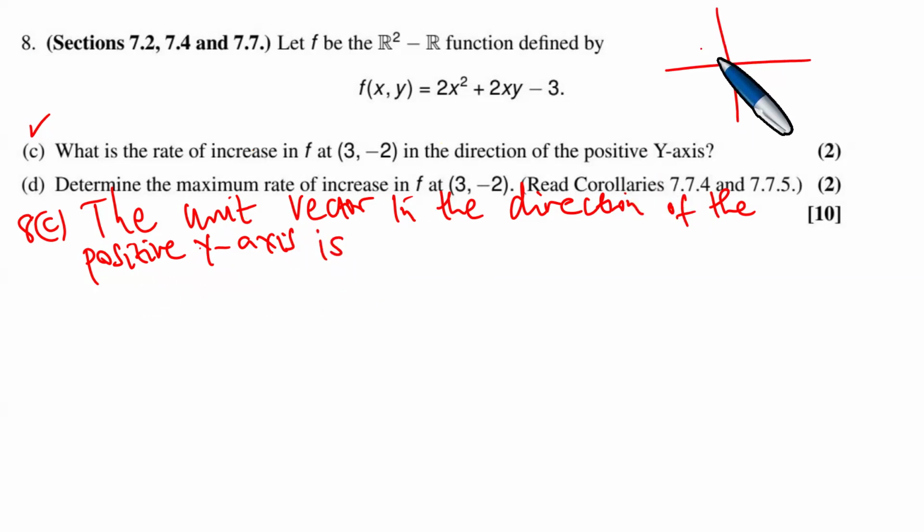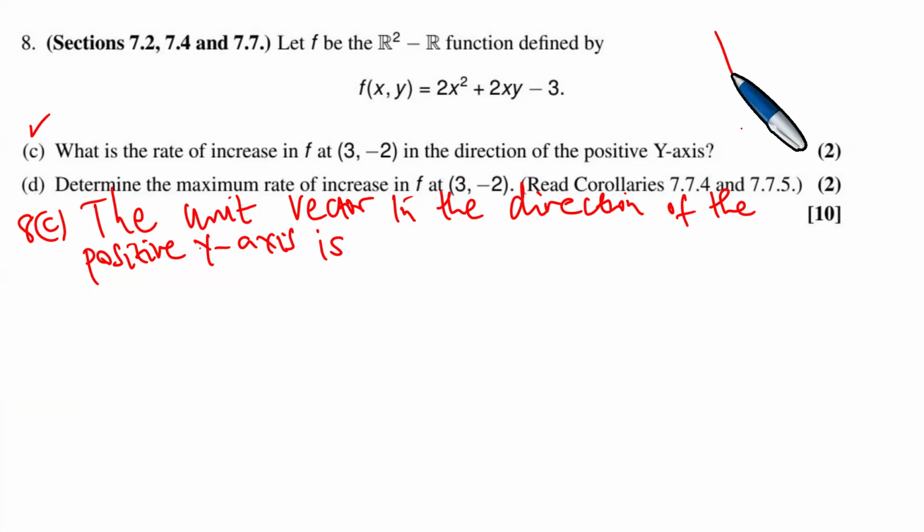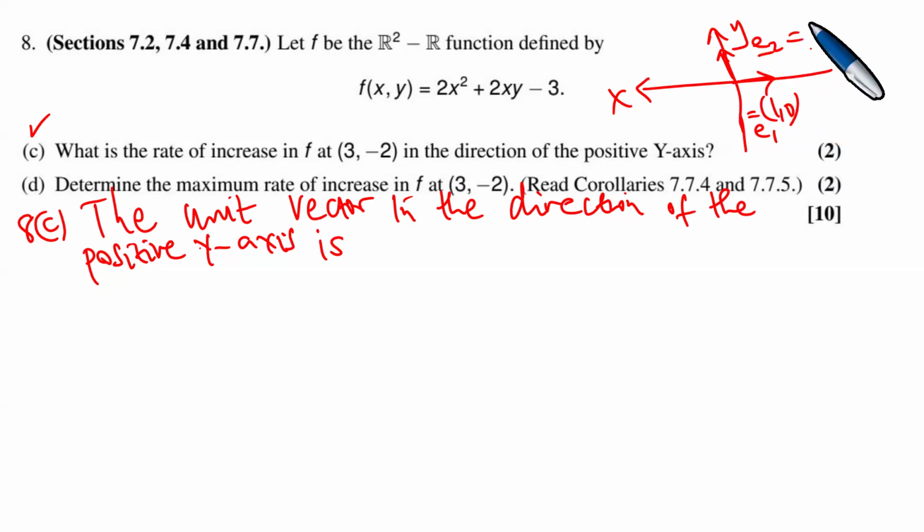So if you have the y-axis and the x-axis, we just want to demonstrate this because it's quite geometrical. This one is the y and this one is the x. We have those unit vectors like we saw in 3 dimensions: 1 and 0 is vector E1, and this one is going to be vector E2 and it is 0, 1.